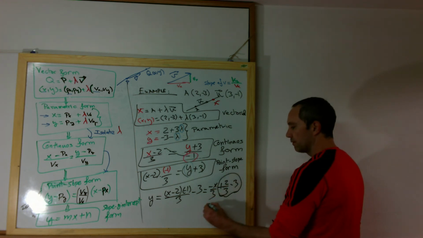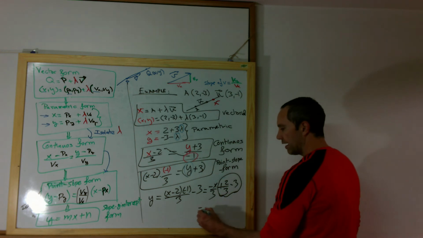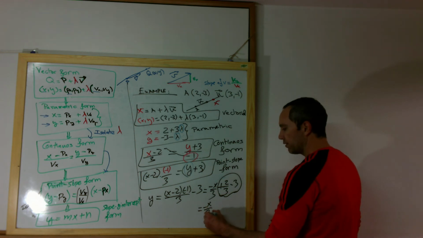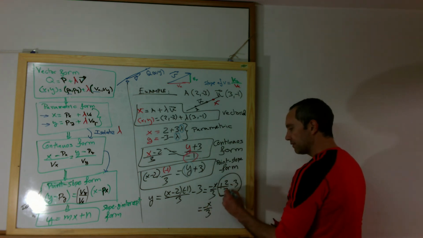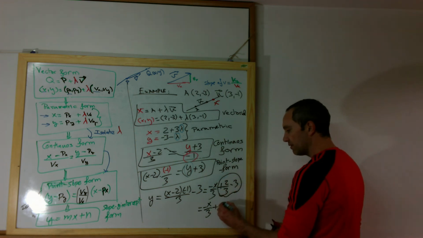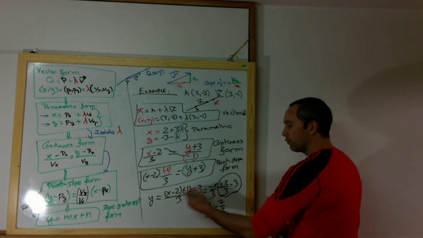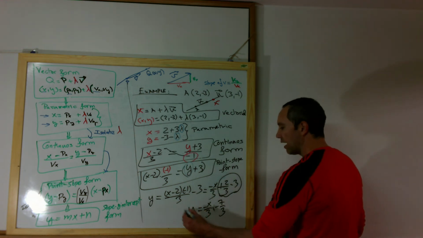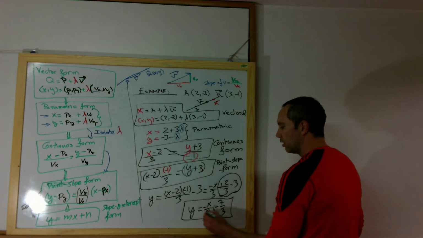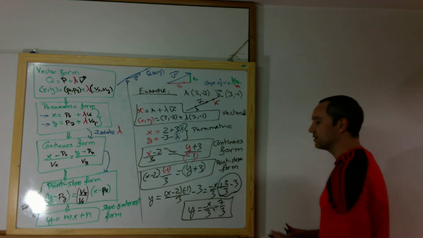This is negative x over 3, and negative 3 times 3 is negative 9, plus 2 is negative 7, negative 7/3. So finally we get that y equals negative x over 3 and negative 7 over 3.